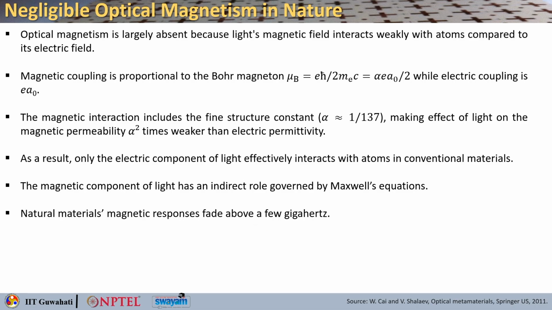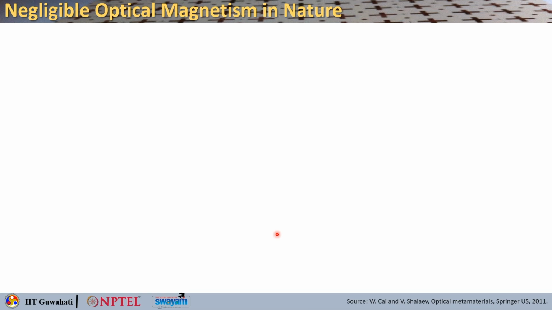The magnetic response, which is mainly due to the electronic spin states in naturally occurring materials, diminishes at frequencies higher than a few gigahertz. So, below that you can have some magnetic response, but beyond a few gigahertz the magnetic response is very weak.